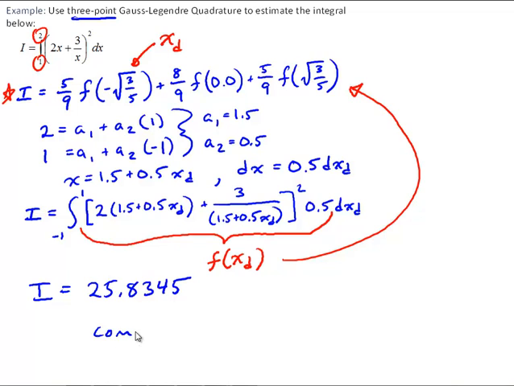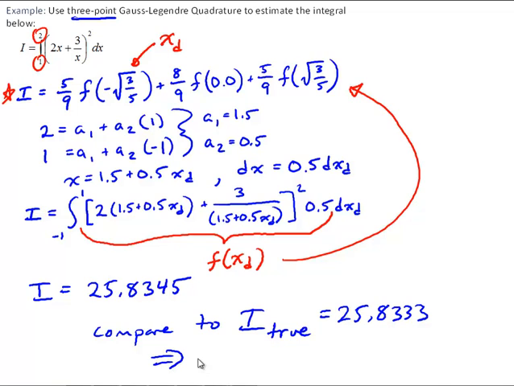And you can compare that to the exact true integral calculated analytically, which is 25.8333. So we can see that this is a very accurate estimate of that integral. And it was calculated fairly easily with 3 function evaluations after doing that variable shift.